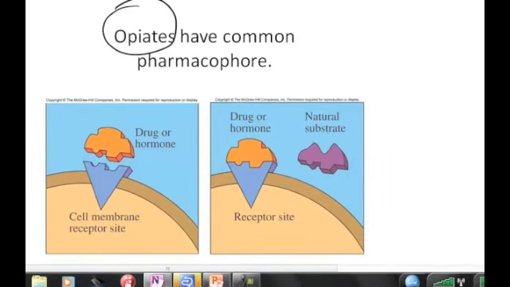The way they work is that the different opiates have what's called a common pharmacophore. A pharmacophore is the part of the drug that has a similar three-dimensional structure to whatever natural substrate or hormone it's blocking. In the case of these drugs that work on the brain, they go into nerve receptors where a neurotransmitter would normally go.